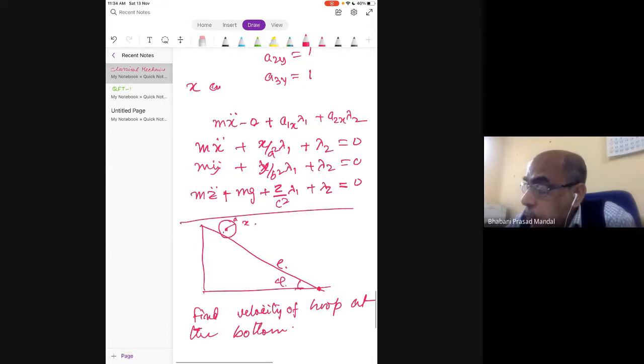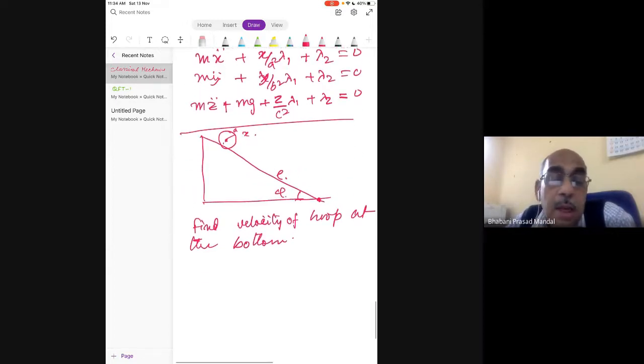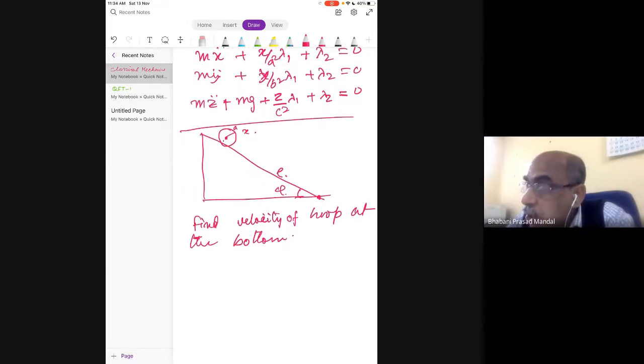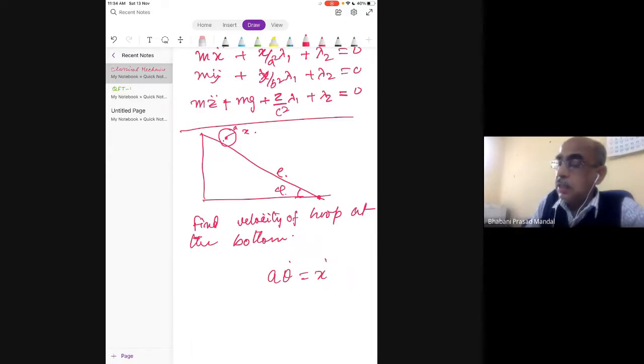First thing, you have to write the Lagrangian constraint equation. I said it's only rolling, so a theta dot will be x dot. This direction I consider as my x direction.